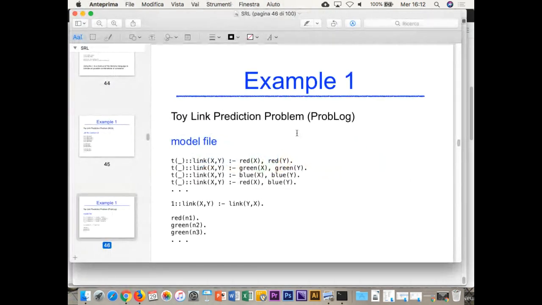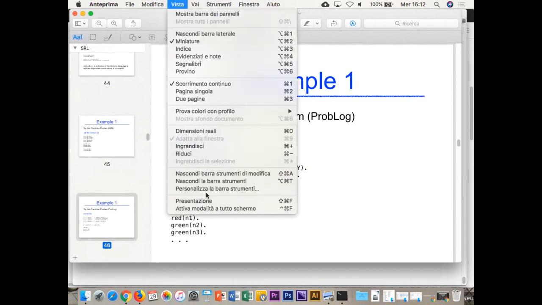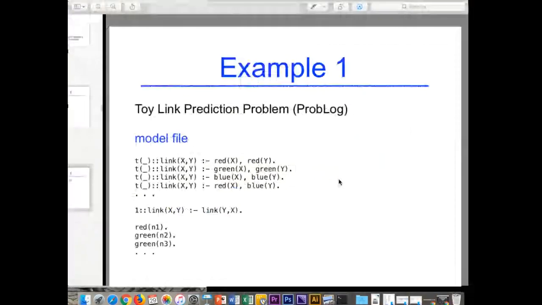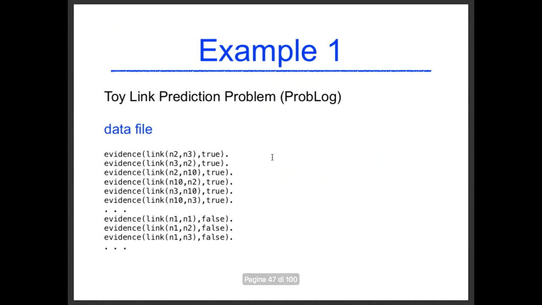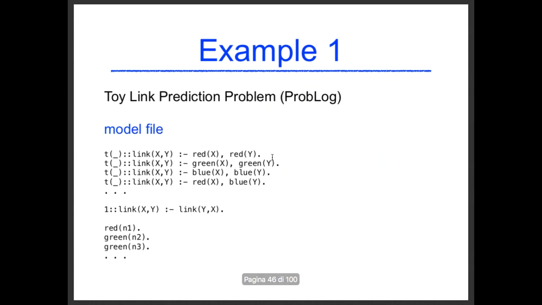So let's move to ProbLog. If I want to do the same with ProbLog, what can I do? Okay, I have again to write a model file and a data file, okay, similar in this sense to Markov logic.